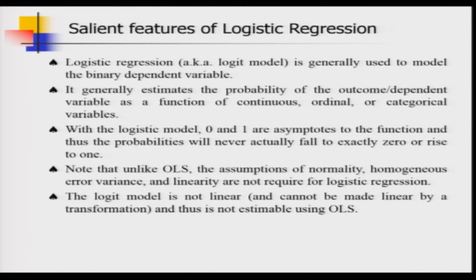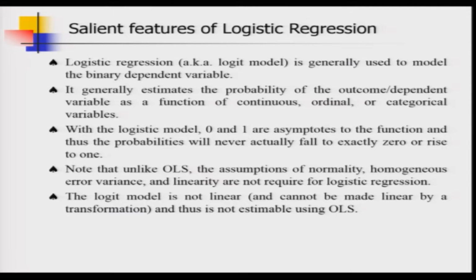So, a logit model also estimates the probability of the outcome or dependent variable as a function of continuous, ordinal or categorical variables, like the probit model does. Likewise, the logistic model always reports fitted probability values which are between 0 and 1 all the time.